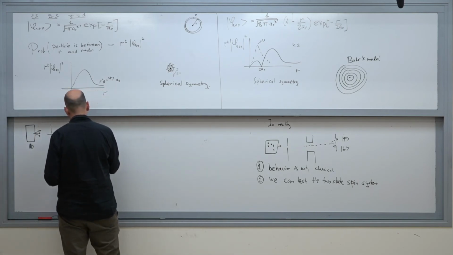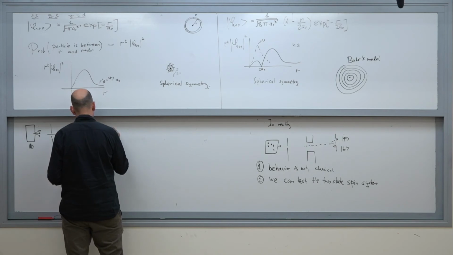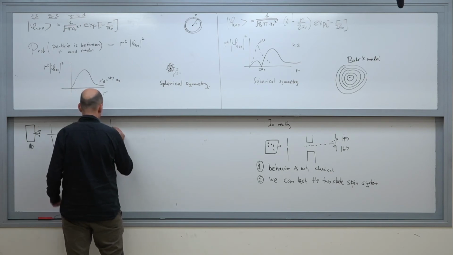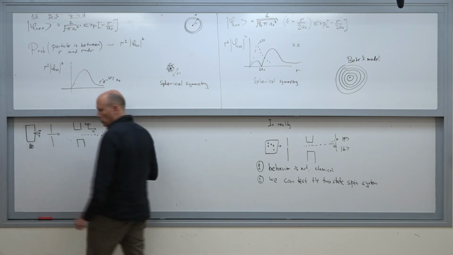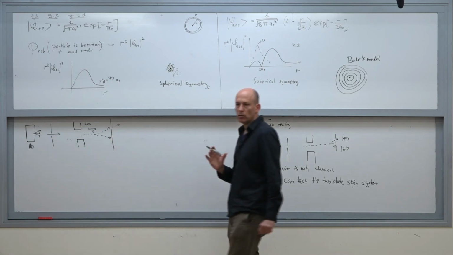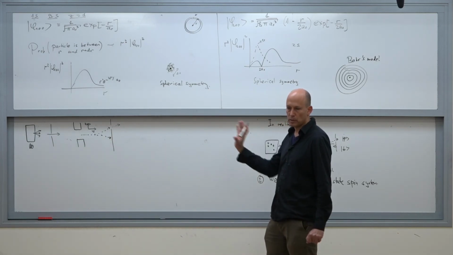Then these guys are going here, and some of them are going up, and some are going down, and I create a hole here, and I allow them to go through this hole. This is the measurement. I pre-selected those with spin up in this experiment.